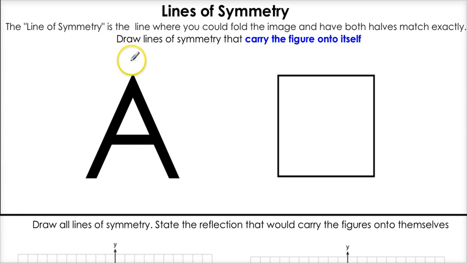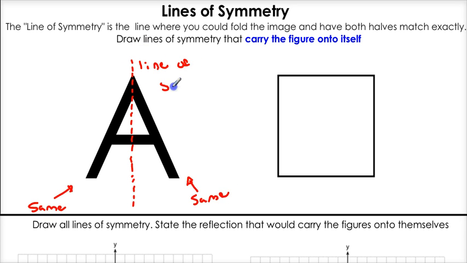But I could draw it right down the middle over here. And if you look at this half, it is exactly the same as this half, okay? Same. So that is our line of symmetry. All right. That carries this object onto itself. It's right down the middle.